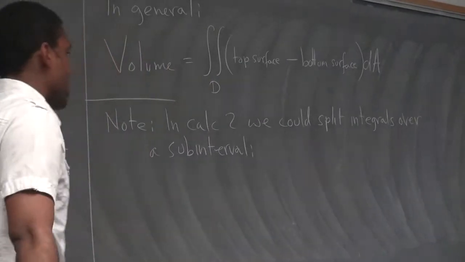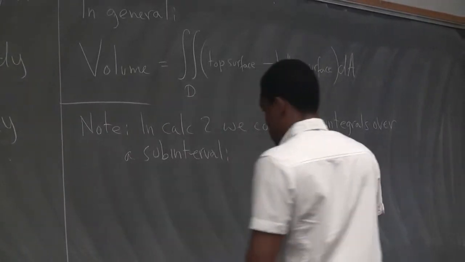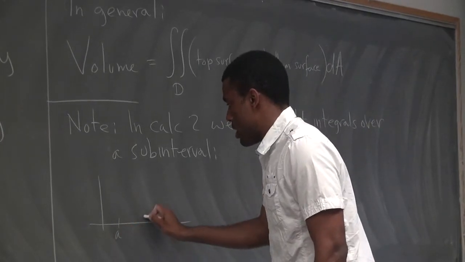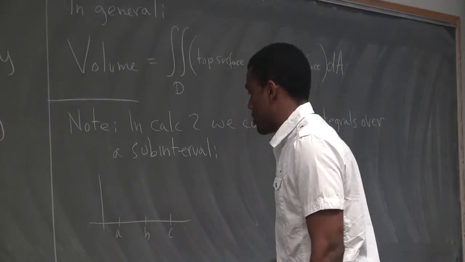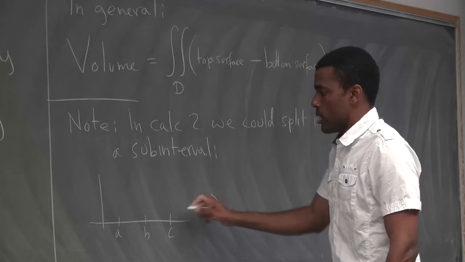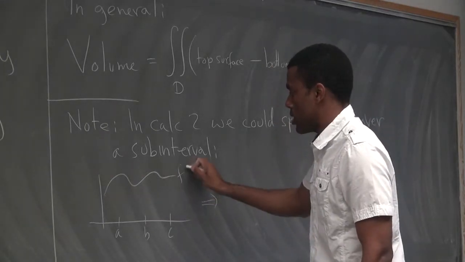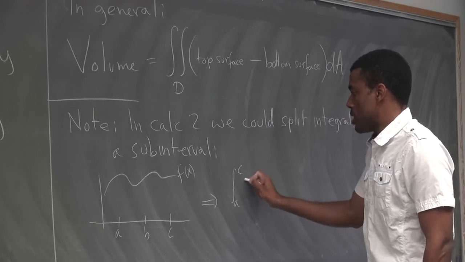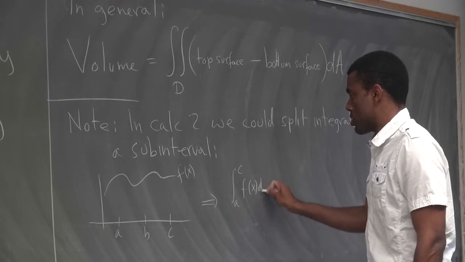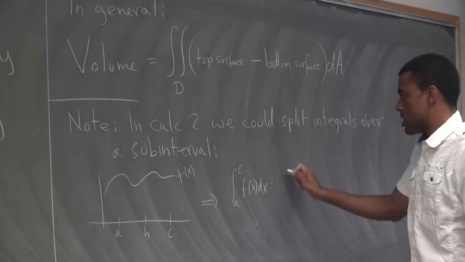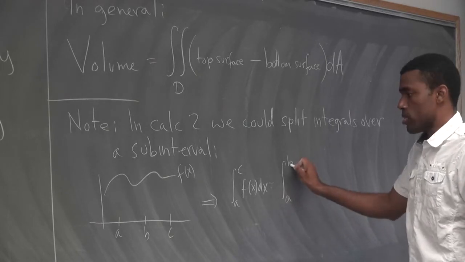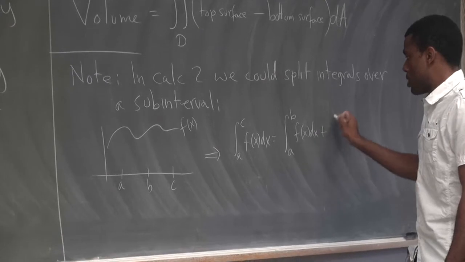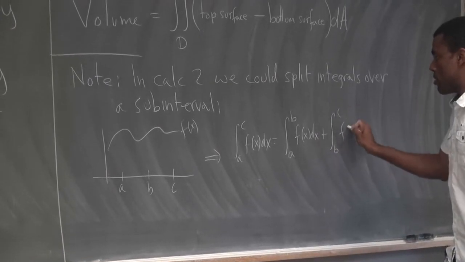So in Calc 2, we could actually split integrals over a subinterval, just reminding you of what that means. So if I had like A, B, C, then I have a random function going here. Then it's actually true that the integral of A up to C of f of x dx is equal to, you can actually split it across subintervals, right? You can go A up to B of f of x dx plus, then you go from B up to C of f of x dx.